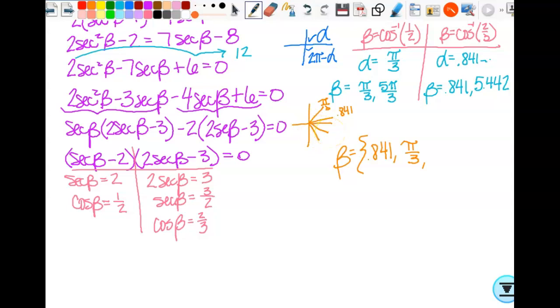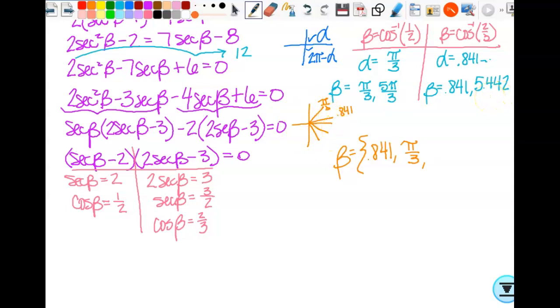Now, knowing about the symmetry and all that kind of stuff, when I'm going around least to greatest, if this is pi-thirds, when I get back around to this angle, is this my exact value or my decimal value? Don't these reflect? Remember how we reflected all those triangles? So if this is pi-thirds, this is the other pi-thirds angle, right? So that means the next one you come to is the 5 pi-thirds, and then this one reflects this one, so it would be that.